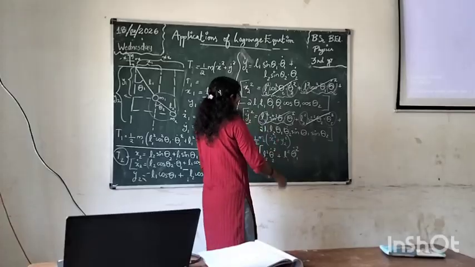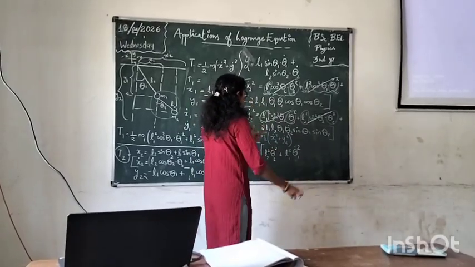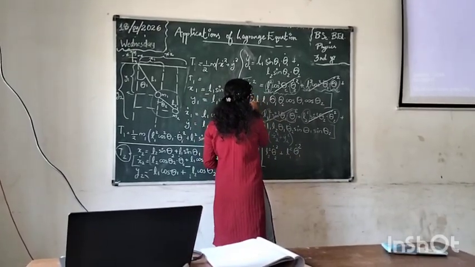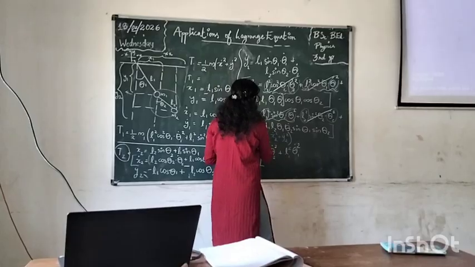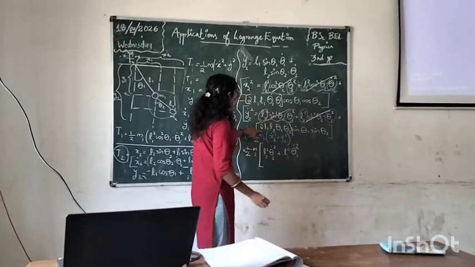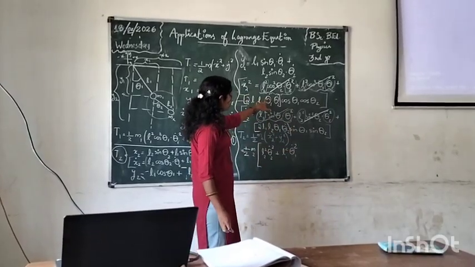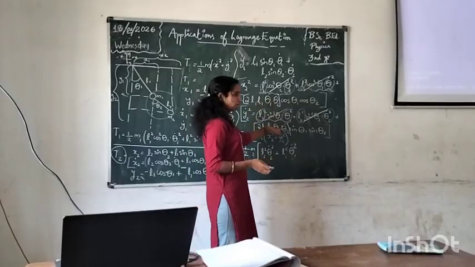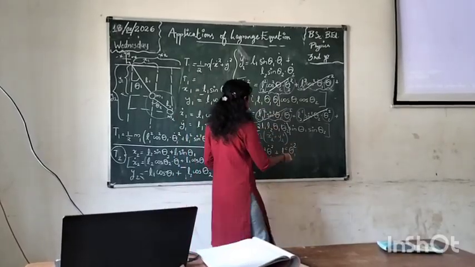This is also gone. And in these terms you can see all these are common: 2L1, L2, theta dot 1, theta dot 2, all are common. So we are taking them outside.